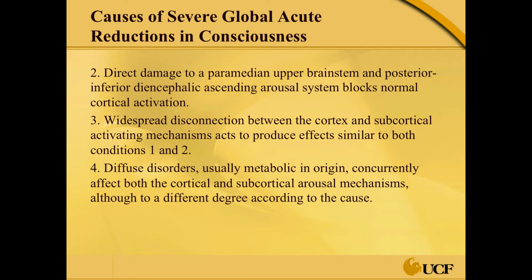Okay, 2, direct damage to the paramedian upper brainstem and posterior inferior diencephalic ascending arousal system, which blocks normal cortical activation. So that would obviously disrupt the RAS and basically disrupt the reaching of the signals from the diencephalon to the cerebral cortex. 3, widespread disconnection between the cortex and the subcortical activating mechanisms acts to produce effects similar to both conditions 1 and 2.